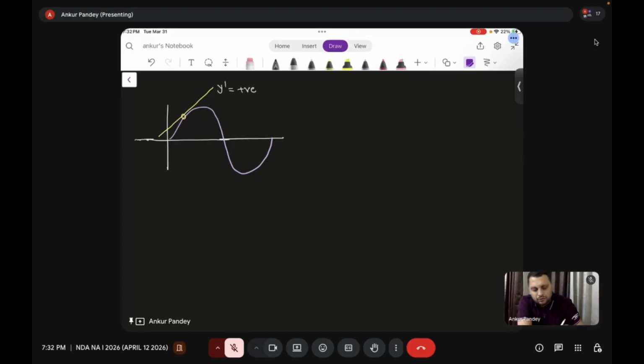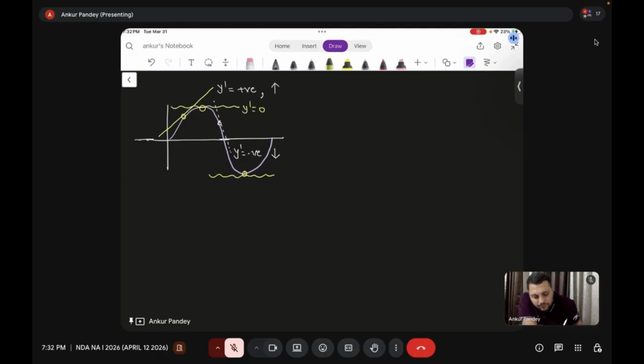So the function is increasing. In this area, y dash is negative, the function is decreasing. We know this. Yes or no? Now, in between these two nodes, you might have observed that there come 2 points where, if I draw the tangent, it will go straight. Yes or no?